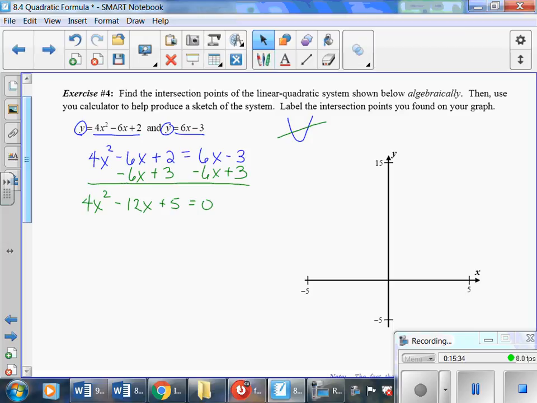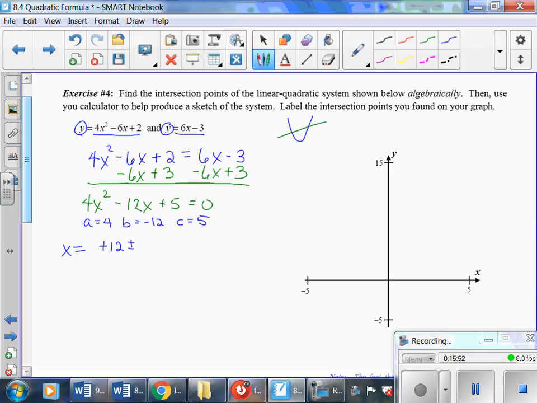So now let's take a look and see what we have. So here's A. A is 4, B is negative 12, C is 5. So x is equal to, it is x this time, yep it is. X is equal to the opposite of b plus and minus the square root of b squared minus 4 times a times c all over 2a.